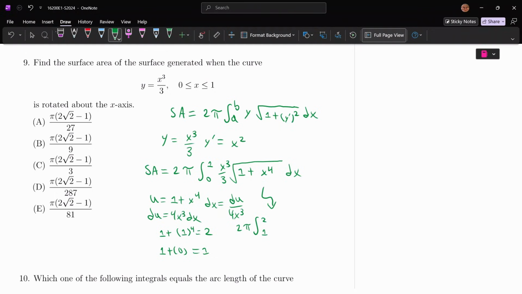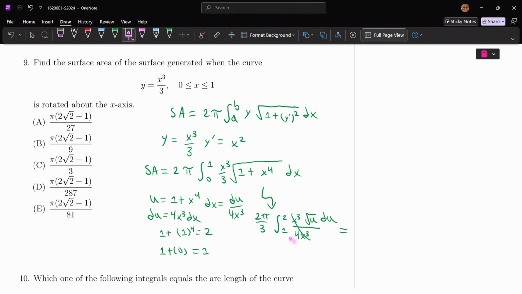So we can make this look like 2 pi over 3 times the integral from 1 to 2 of x cubed times the square root of u du over 4x cubed. And then these x's are going to cancel.